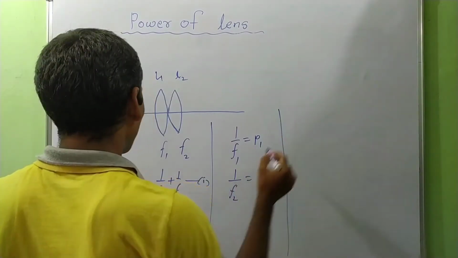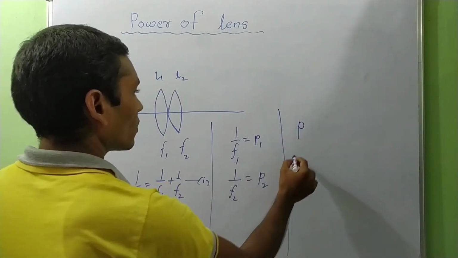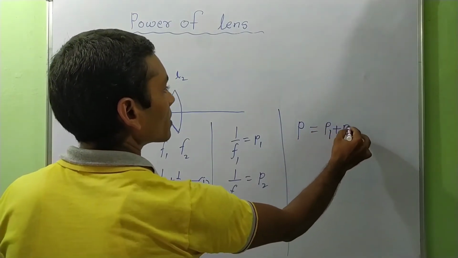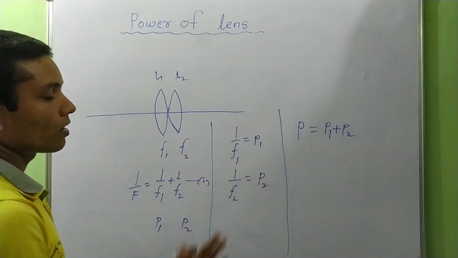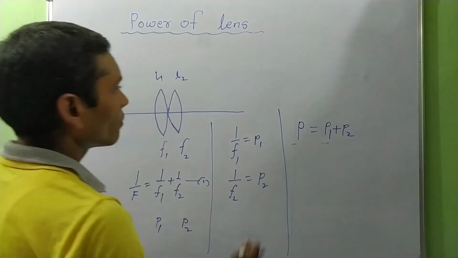So the equivalent power, let this be P, will be P equals P1 plus P2. The equivalent or total power of the combination will be this.